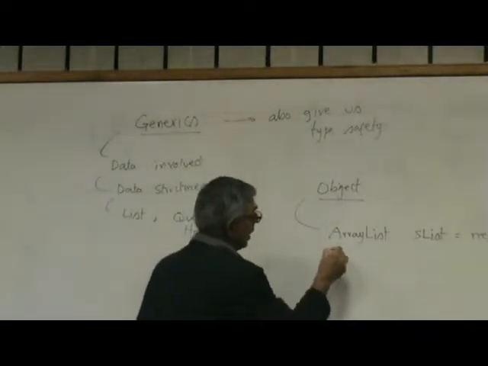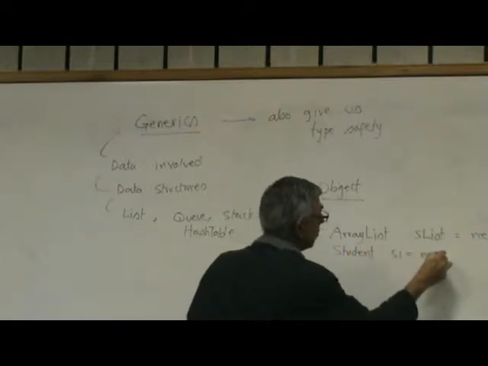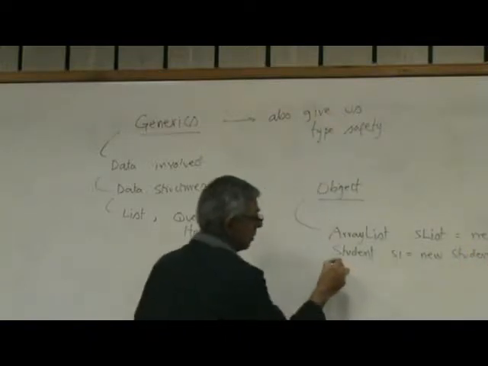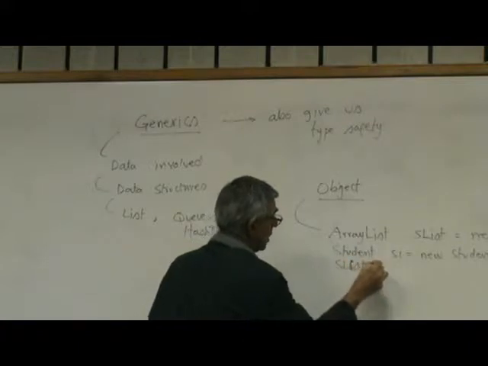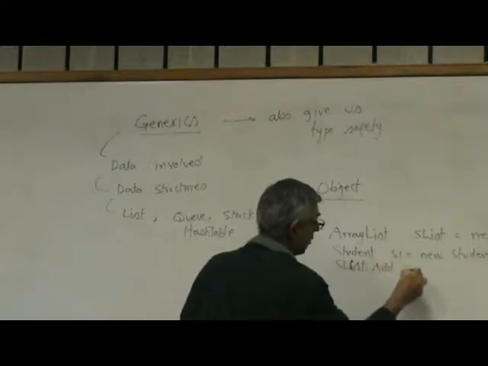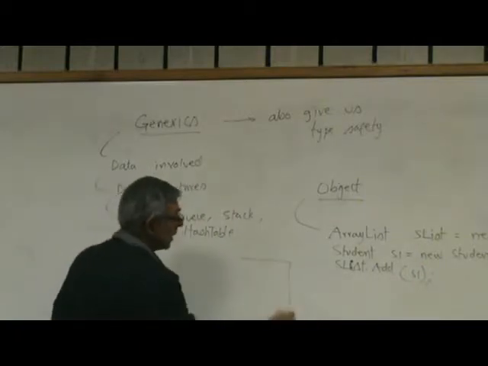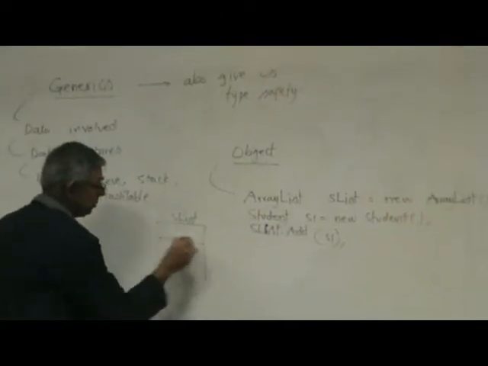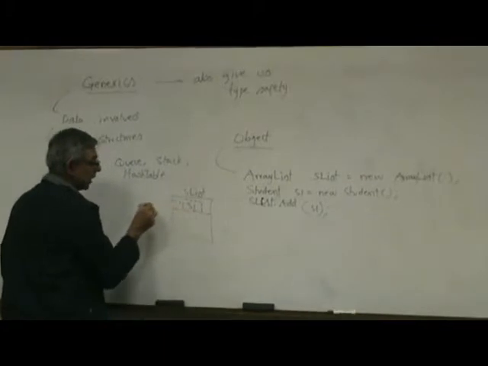So for example, I can create a student s1 equal to new student, and I can do slist.add(s1). As soon as we store s1 in it, what happens? s1 gets wrapped as an object, correct?